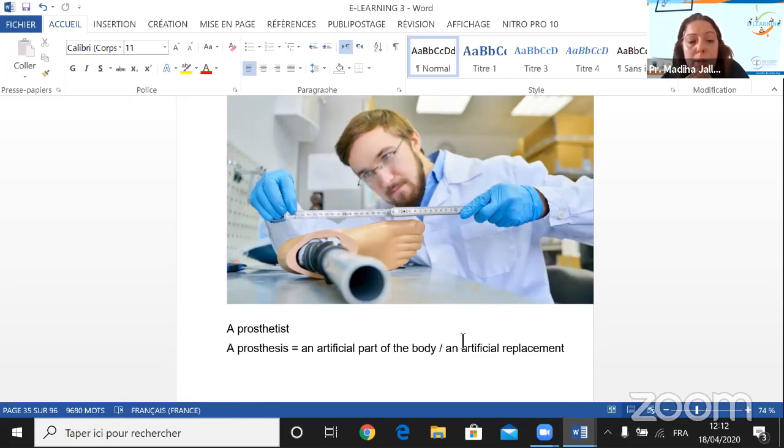This artificial limb, you can call it a prosthesis, as you say prothèse in French. So his job is to design and make and fix the prosthesis. The prosthesis is the artificial part of the body, and the plural is prostheses, and the person here is called a prosthetist. So here is a prosthetist.